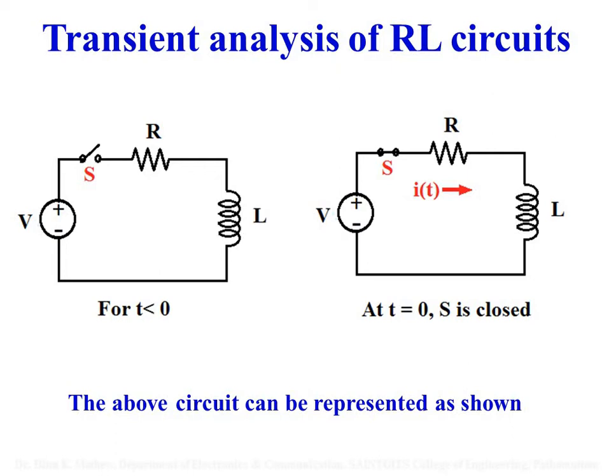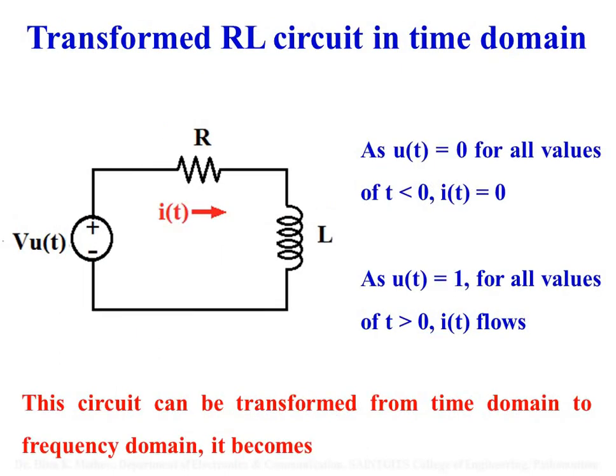For all values of t less than 0, switch is open, so I of t is equal to 0. When switch is closed at t is equal to 0, current I of t flows. This circuit can be represented as, so in time domain, the given circuit becomes as shown in the diagram.